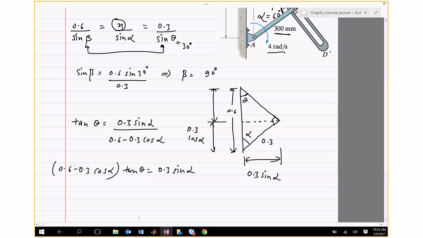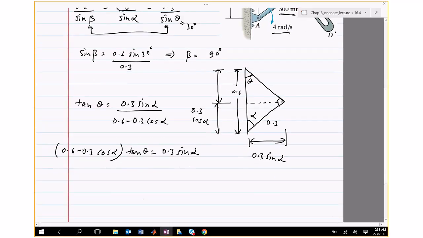So I move things around, and I'm now going to take the derivative of this expression.